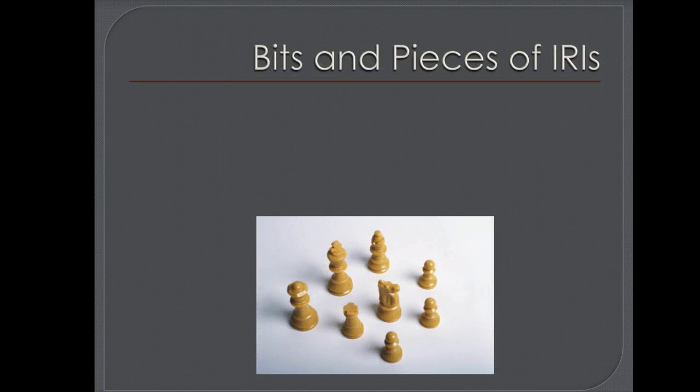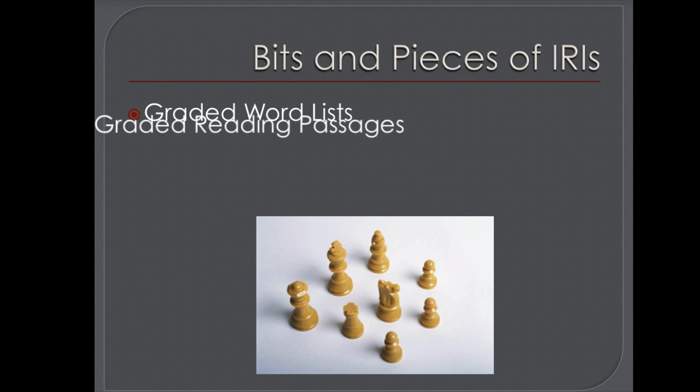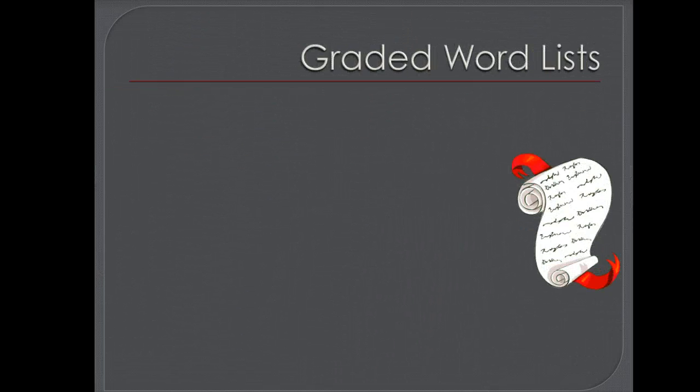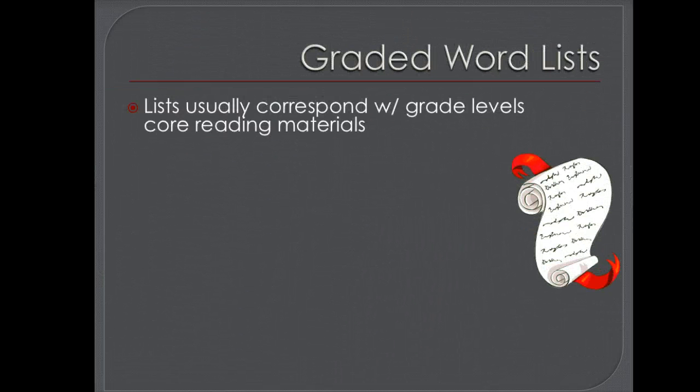Okay, so here are some bits and pieces of the IRI. So as mentioned, the graded word lists and the graded reading passages, and the comprehension questions for the reading passages. Okay, so the graded word lists.